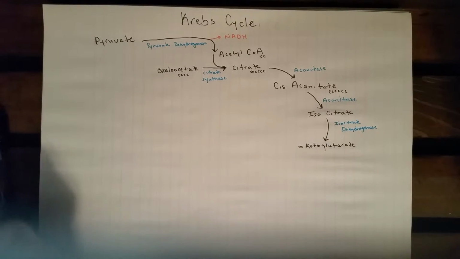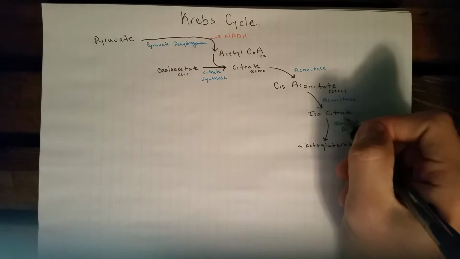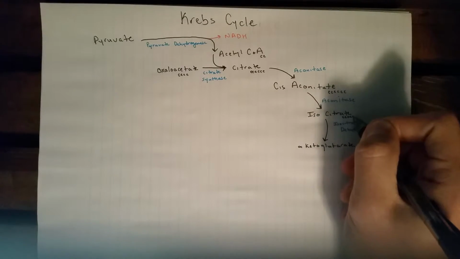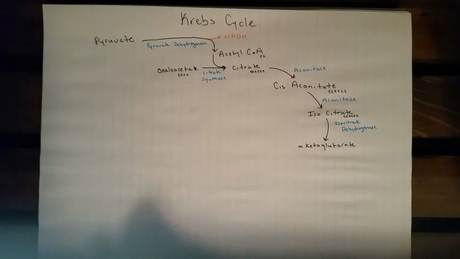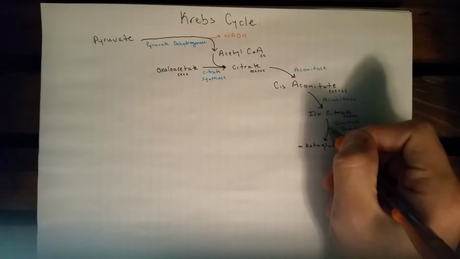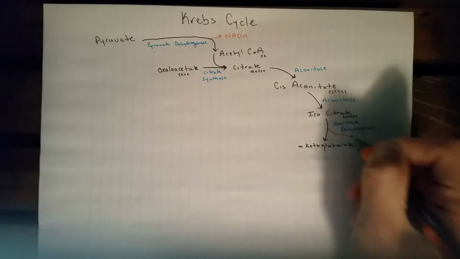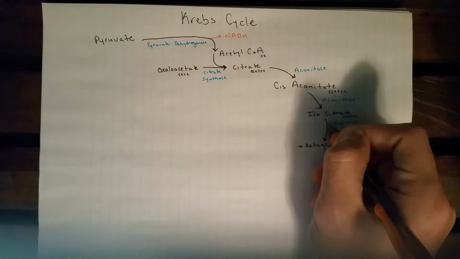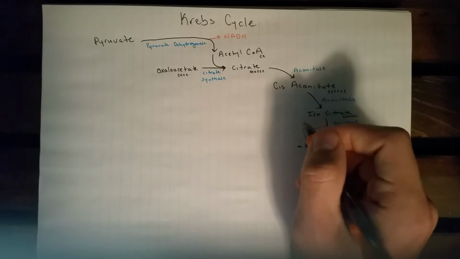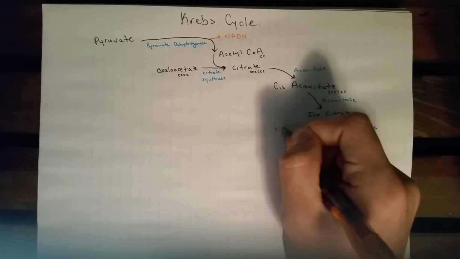So this is the first step. The isocitrate was still a 6-carbon, but now's where it gets a little interesting. We lose a carbon to CO2, but we pick up another NADH.